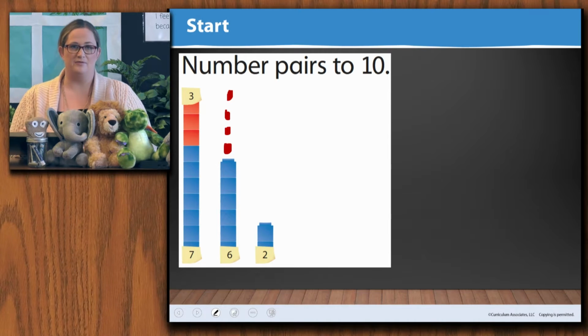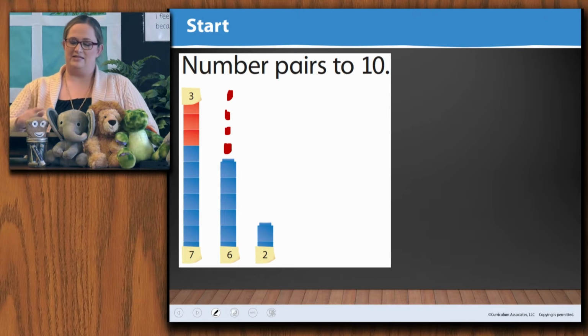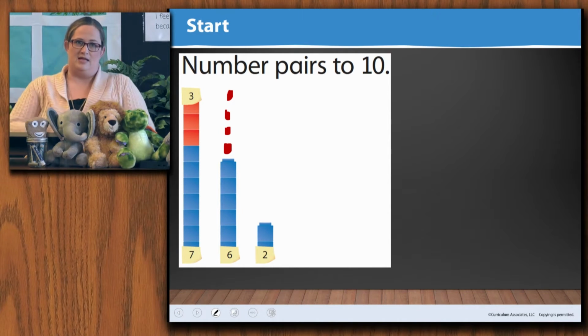I'm going to give you 30 seconds. You can build or draw. What is missing here to make 10? 2 and what make 10?